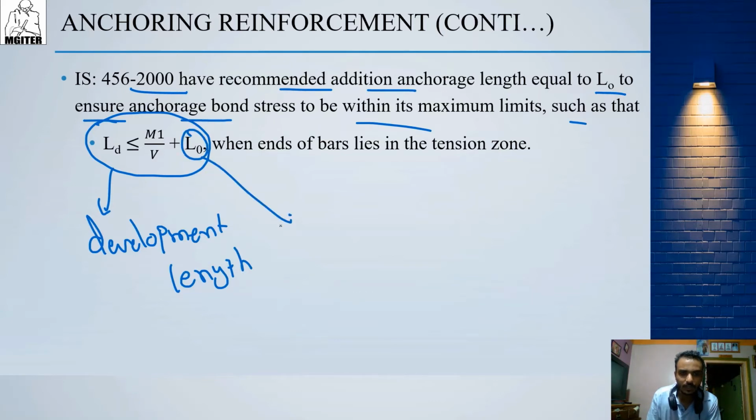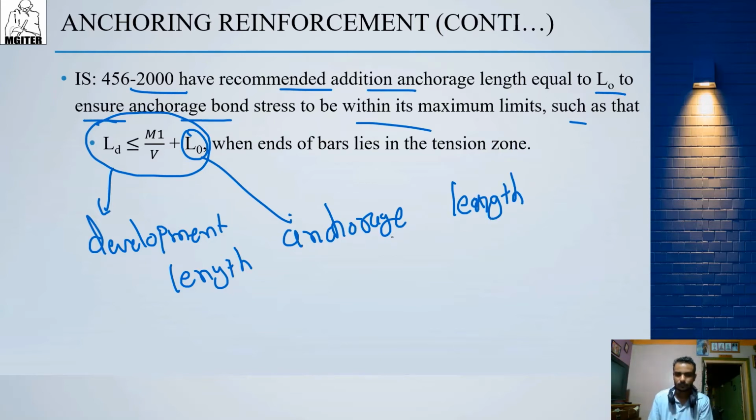L0 is called the anchorage length. By this equation you can check that development length and anchorage length are both required. So this is the check equation: Ld is less than or equal to M1 upon V plus L0.